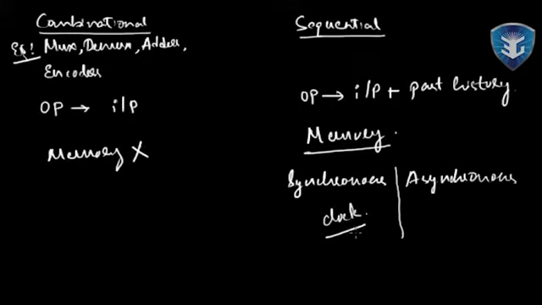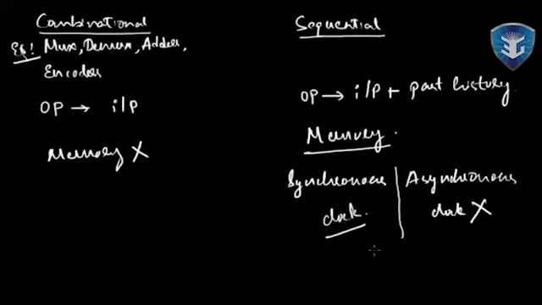Even though there is a change in the input, if there is no clock given, then the output doesn't change. So a clock is a must in case of synchronous sequential circuits. In case of asynchronous sequential circuits, the output changes its state as soon as there is a change in the input. So there is no need of a clock in case of asynchronous sequential circuits.